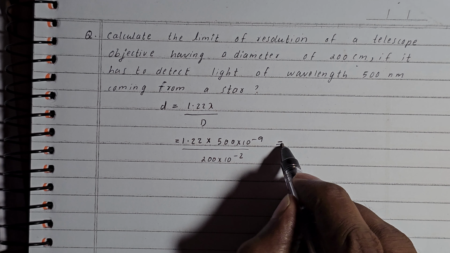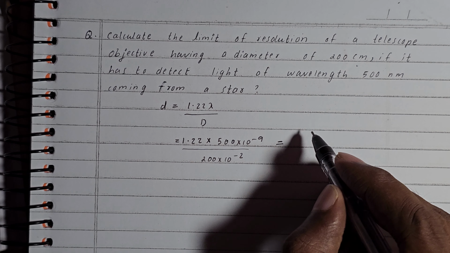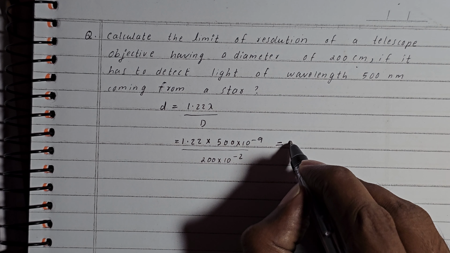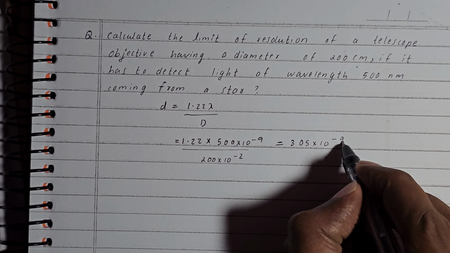So we get the approximate value as 305 times 10 to the power minus 9 rad.